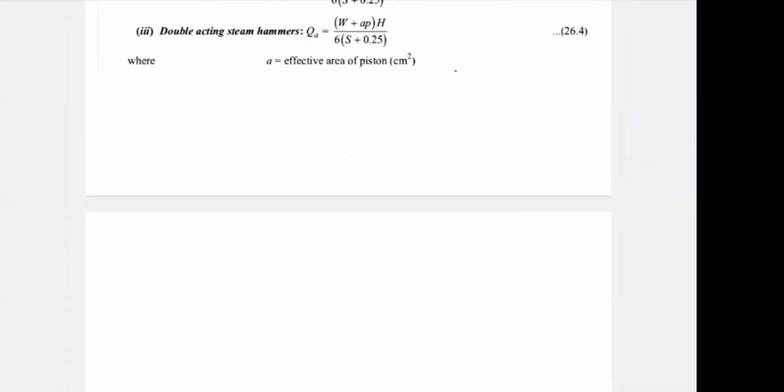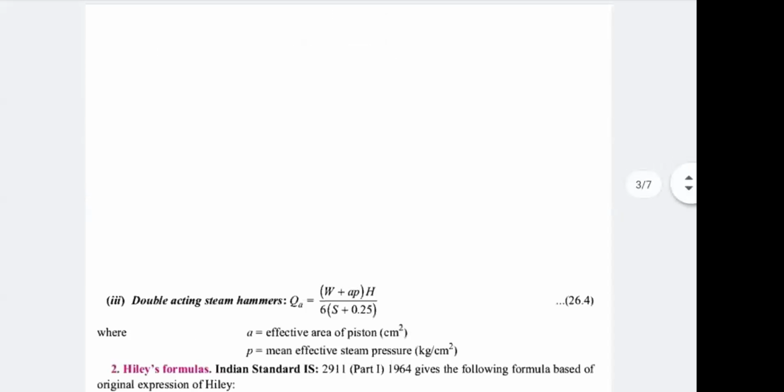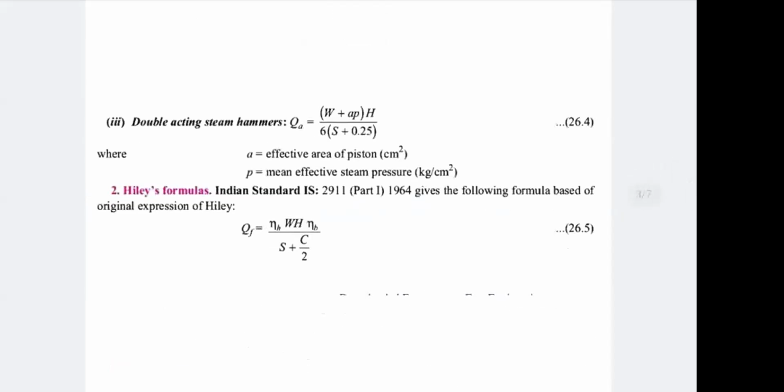If you have the diameter of your hammer, then you will need to calculate the area of piston, and it will come in centimeter square. P is nothing but the mean effective steam pressure. This is your double acting steam hammer.